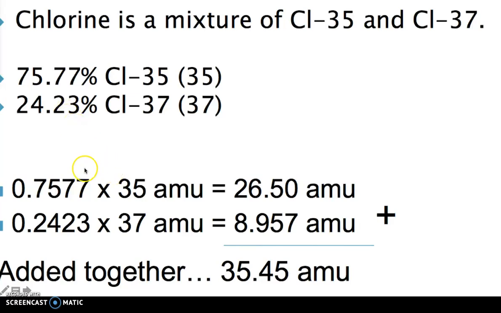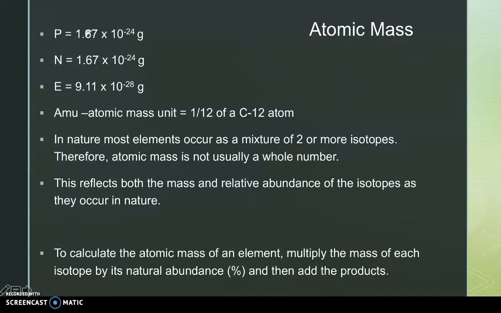So you would calculate by multiplying the abundance by the mass number of both, and sometimes there's more. Sometimes you have 4 isotopes, and then you add up all those masses, and that gives you your mass number, which generally does have decimals behind it.